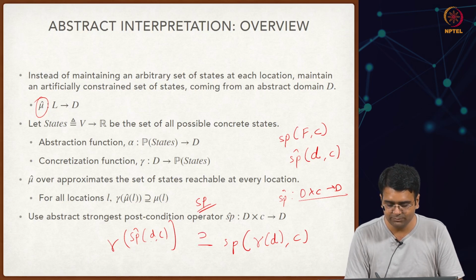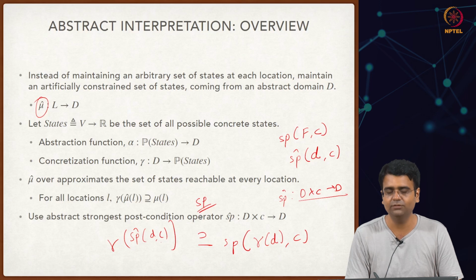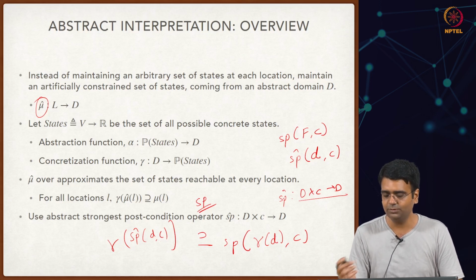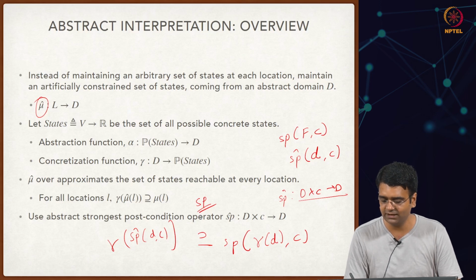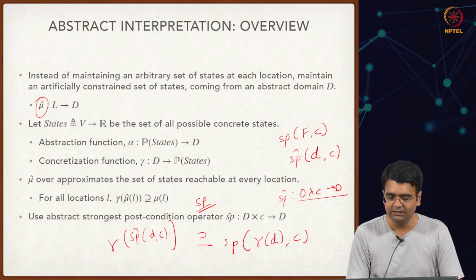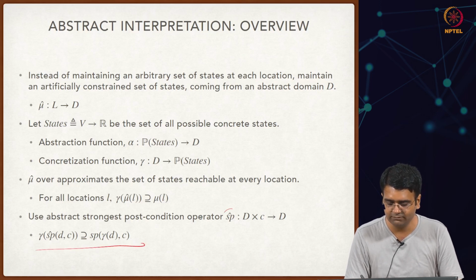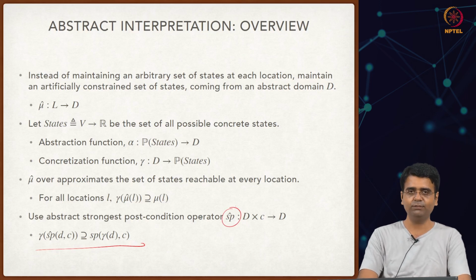Because this SP hat of D comma C should over approximate the set of states which are reachable after executing C on any state that is abstracted out by D. The set of states which are abstracted out by D are gamma of D. The set of states obtained by executing C on any state in gamma of D is SP of gamma of D comma C. Therefore SP hat of D comma C should over approximate all those states, which means that the concretization of SP hat of D comma C should contain SP of gamma of D comma C. So this particular property must be followed by the abstract strongest postcondition operator, which is SP hat.